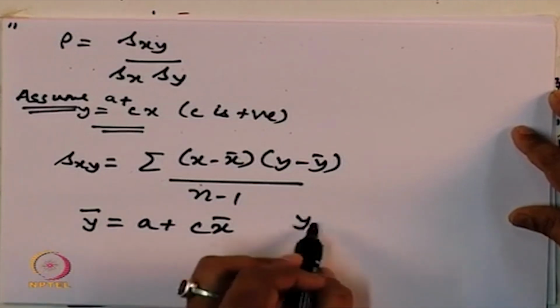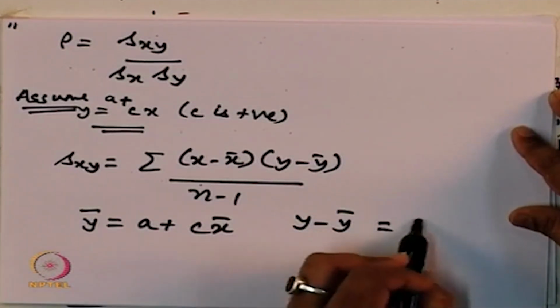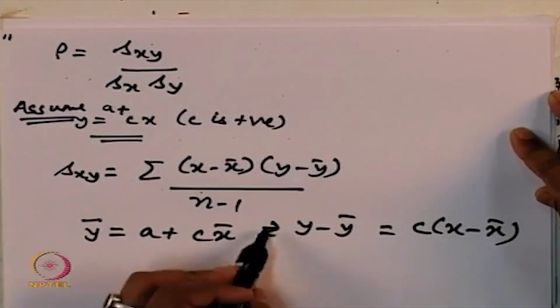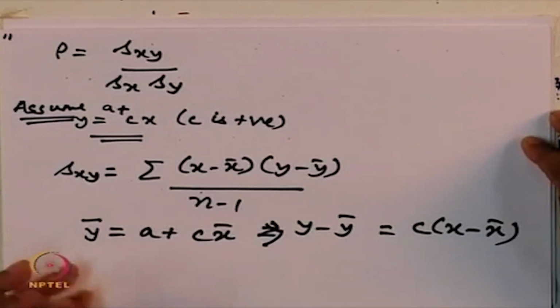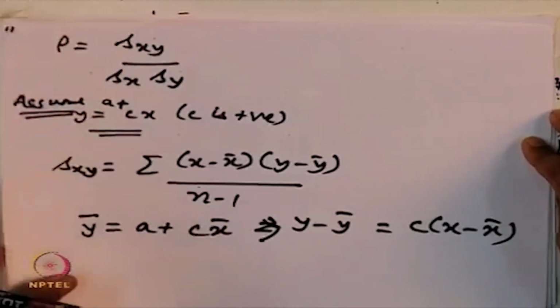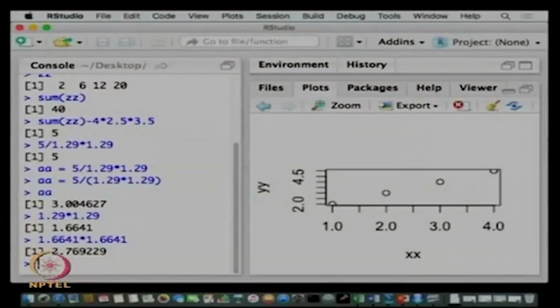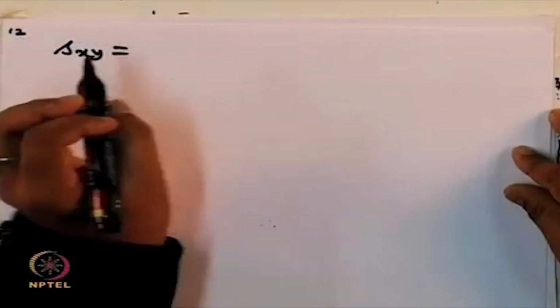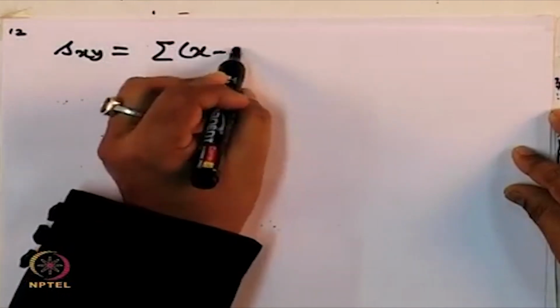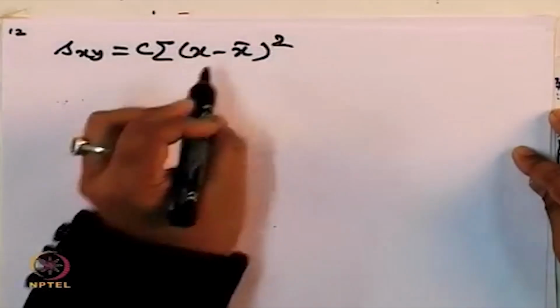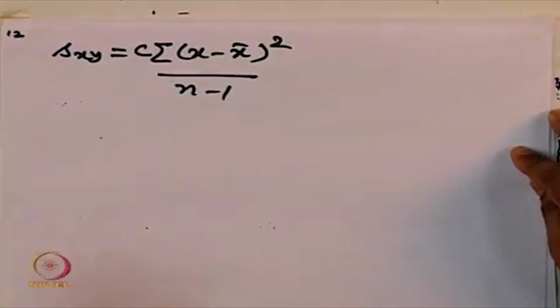So, y minus y bar is nothing but C of x minus x bar. So, I can compute the value of Sxy as summation of x minus x bar whole square, taking C out, divided by n minus 1.